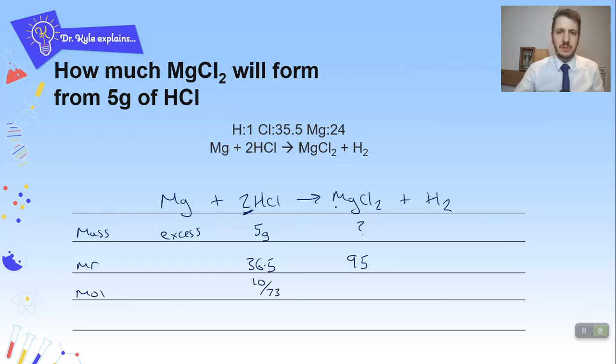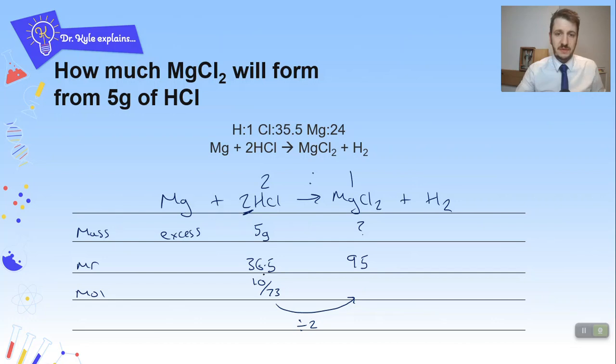Okay, so then I'm going to look at my ratio. So 2 of these reacts to form 1 of those. And so therefore, for this number to get my number of moles over here, I need to divide it by 2. So I've kept that number in my calculator because I don't want to get a rounding error.